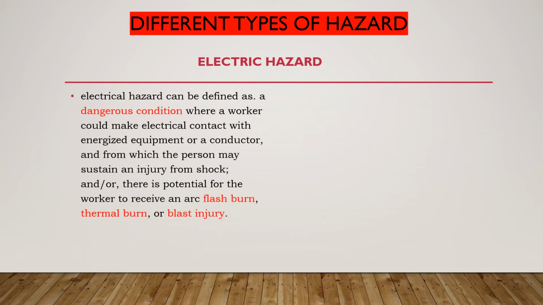Electrical hazard can be defined as a dangerous condition where a worker could make electrical contact with energized equipment or a conductor, and from which the person may sustain an injury from shock, and there is potential for the worker to receive an arc flash burn, thermal burn, and blast burn injury.